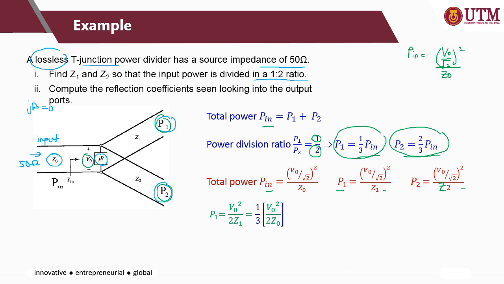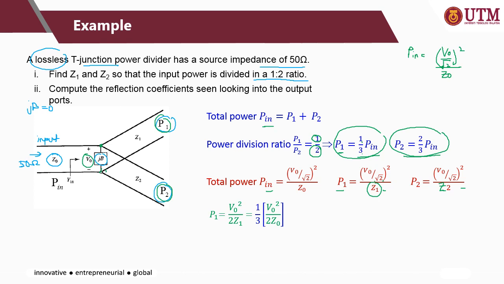So P1 equals V0 over 2 squared, which is VRMS, the supply voltage to port 1, over its impedance Z1, which is equal to 1/3 of P in, since port 1 receives 1/3 from P in.